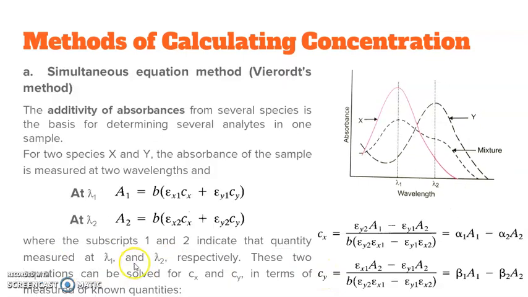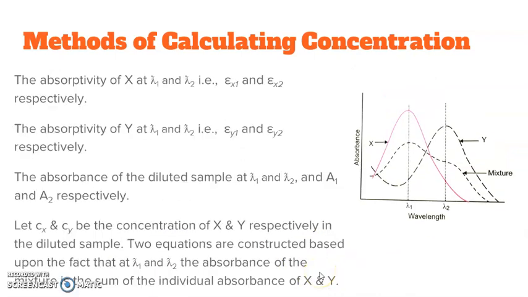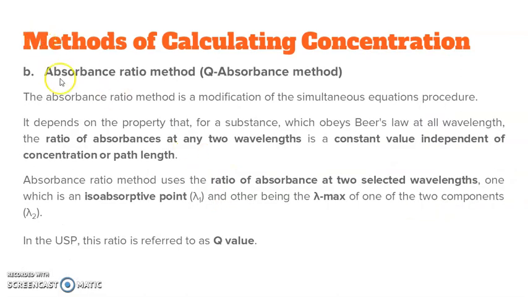So we put all these values into this equation, and similarly into the other equation, so as to calculate the concentration of paracetamol and ibuprofen. This is a bit tedious to perform, but it gives very excellent results. The next one is the absorbance ratio method, which is the second multi-component analysis method that I will be going to discuss.